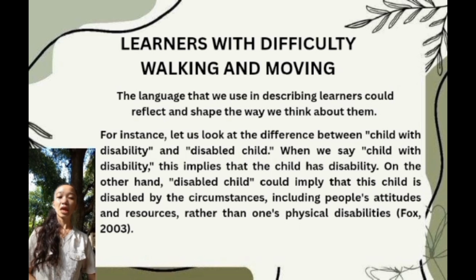When we say child with disability, this implies that the child has a disability, so we are just referring to the disability of the child. On the other hand, when we say disabled child, this could imply that the child is disabled by the circumstances, including people's attitudes and resources, rather than one's physical disabilities.